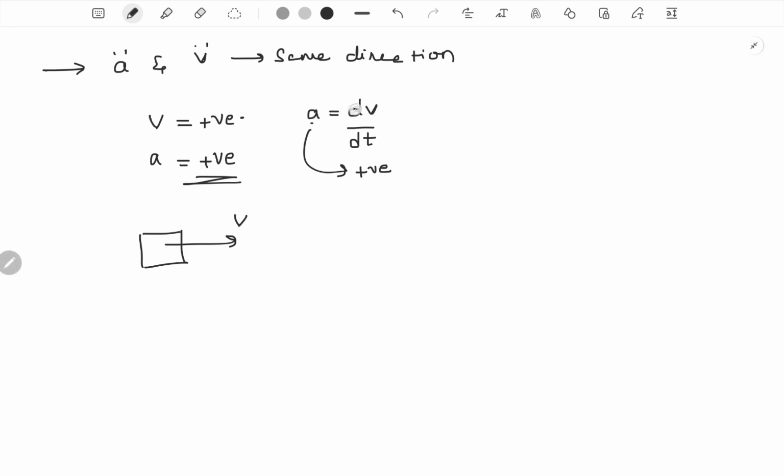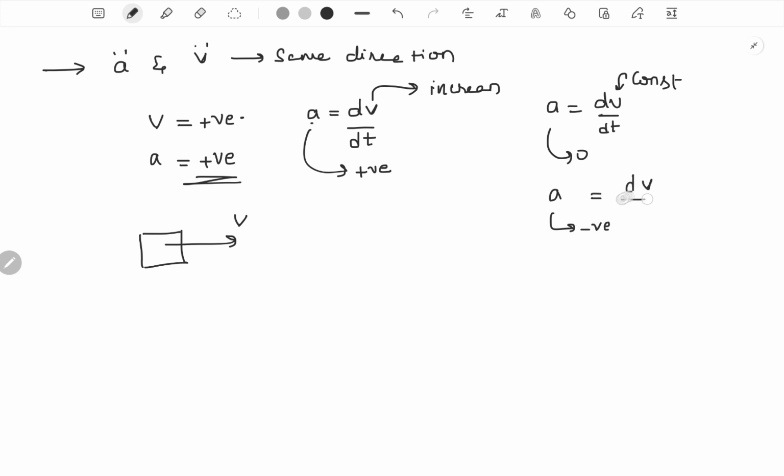It would be positive when v is increasing. The acceleration would be 0 when v is constant, or it's not varying, and negative when the velocity is decreasing with time. So a positive value of acceleration indicates, in this particular case, that the velocity of the body is increasing with time.